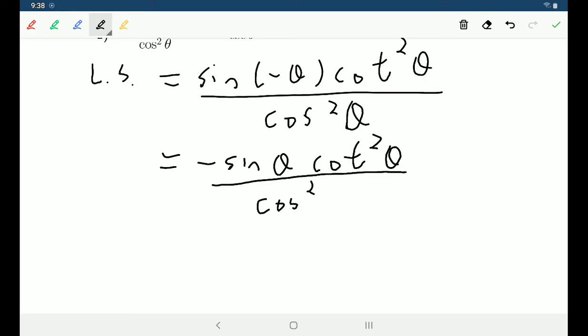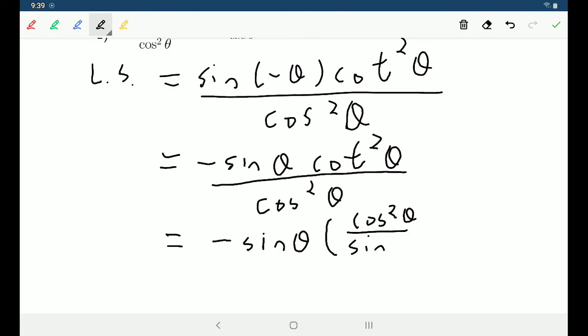Now, the next thing that I'm going to do, I'm looking at that cotangent squared theta, and I know that cotangent is cosine over sine, so that's my next plan. Why don't I rewrite things as cosines and sines? So cotangent squared is cosine squared theta over sine squared theta.